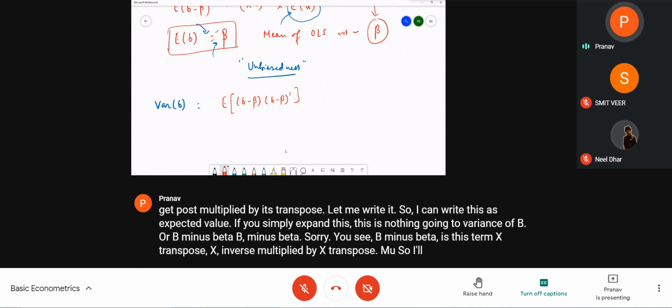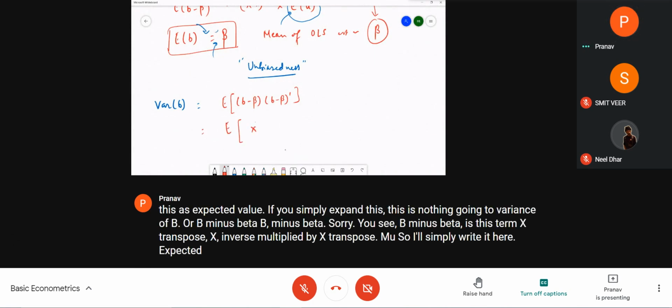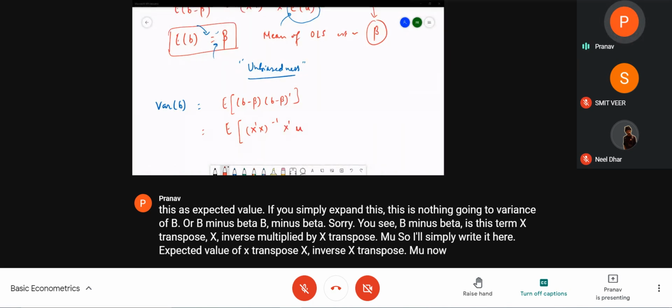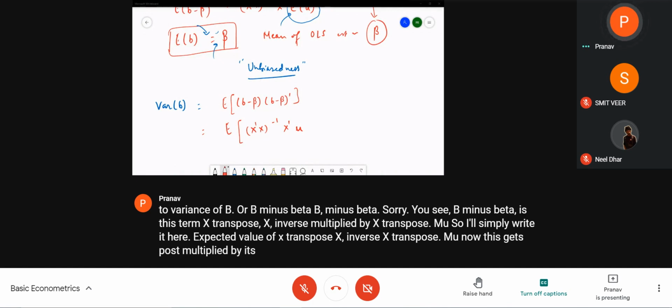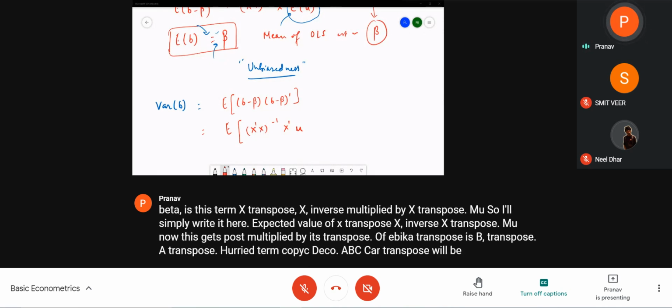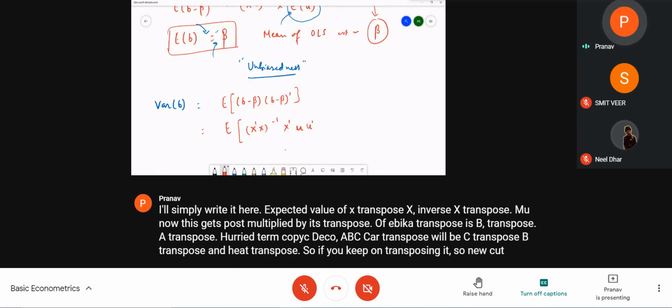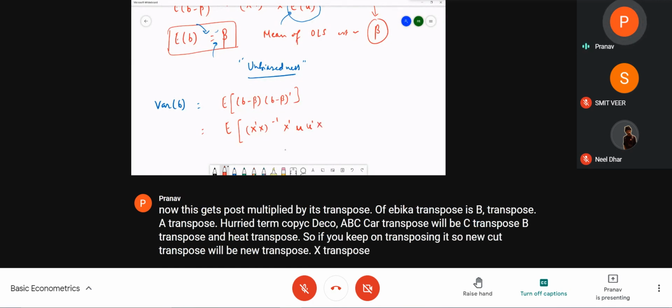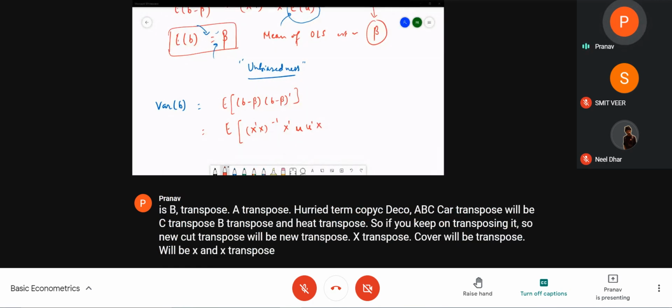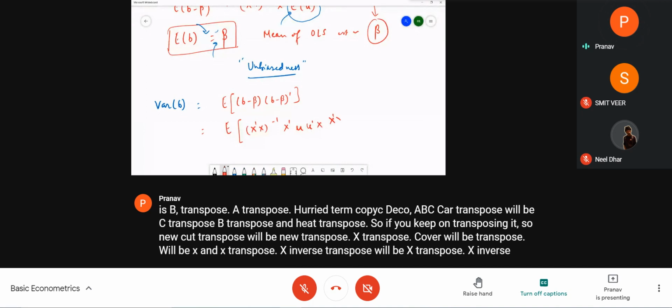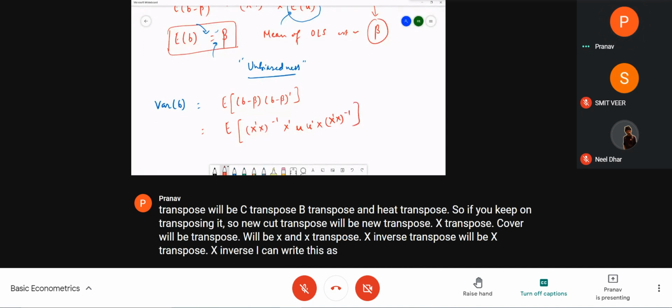So I'll simply write it here, expected value of X transpose X inverse X transpose mu. Now this gets post multiplied by its transpose. Now the transpose of AB is B transpose A transpose. Similarly, the transpose of ABC will be C transpose B transpose and A transpose. If you keep on transposing it, mu transpose will be mu transpose, X transpose transpose will be X, and the transpose of X transpose X inverse will also be X transpose X inverse. So I can write this in this notation.